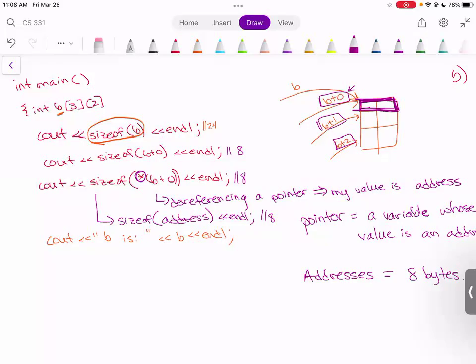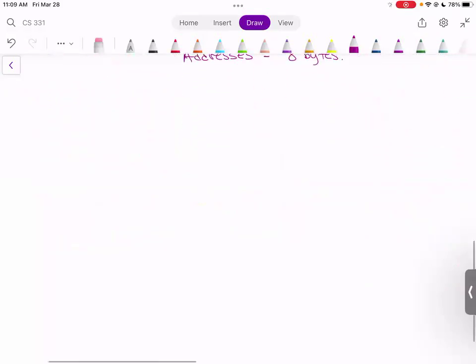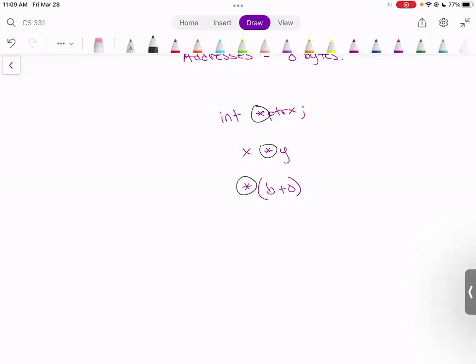Yeah, it's context dependent. Let me give you another example. This star is used 3 different times, right?